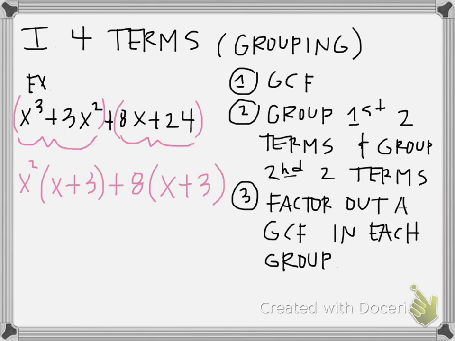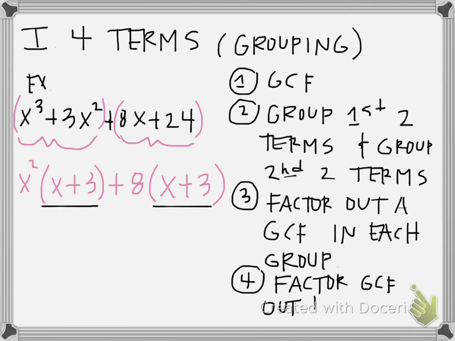So now, after you factor out the greatest common factor in each group, the parentheses are going to be the same. So now you've got x plus 3 and x plus 3, and those are the same.